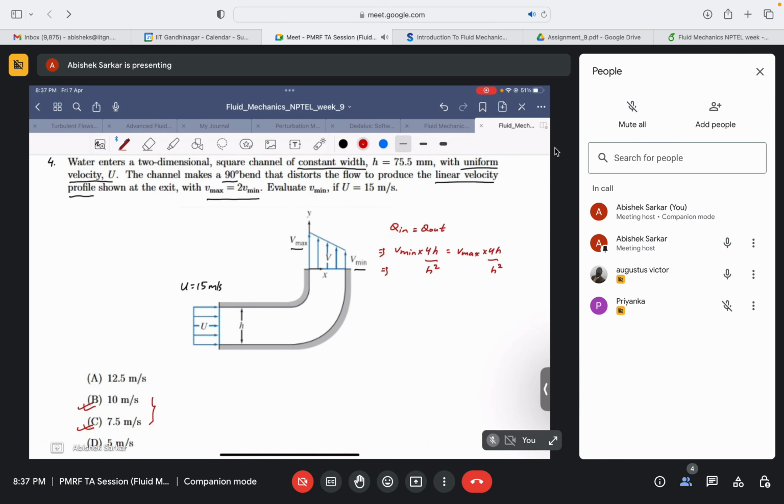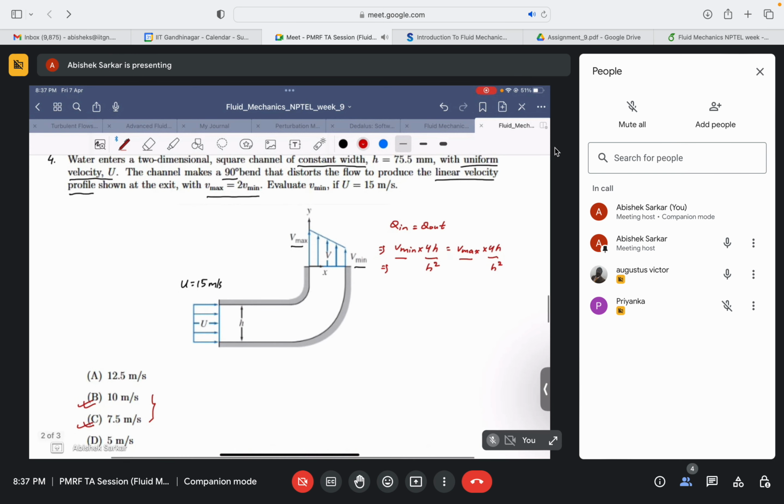No, that's fine. But how did you get it as v min into v max? At the inlet it is not v min, right? At the inlet it is U. So I took it as U A squared equal to V max A squared.